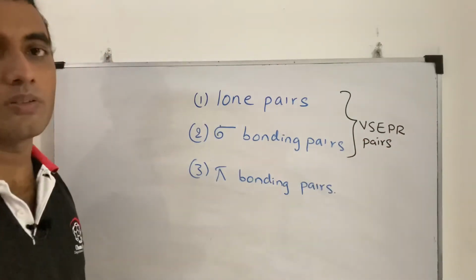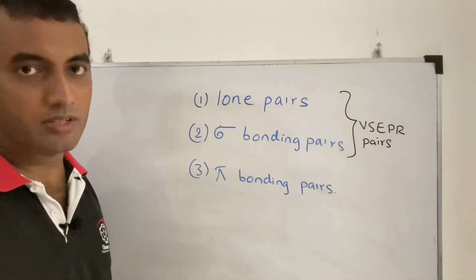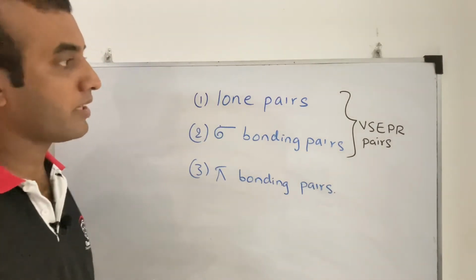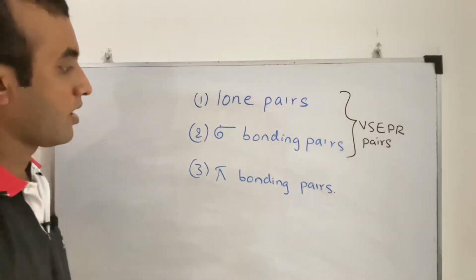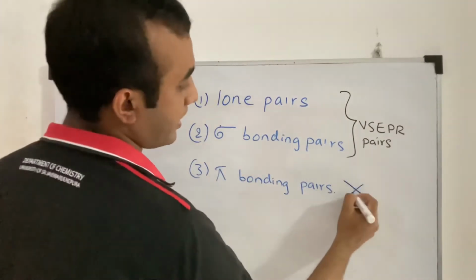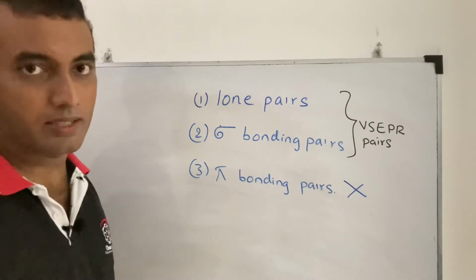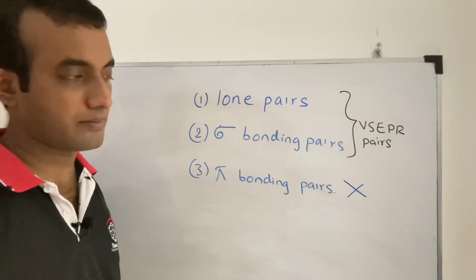So in order to determine the hybridization of an atom, we need to consider these VSEPR pairs. Pi bonding pairs should not be considered when determining the hybridization of an atom.